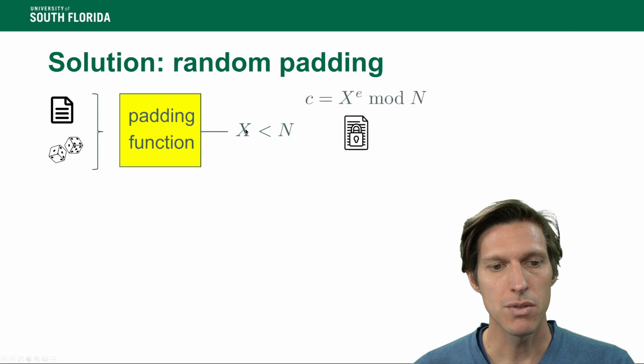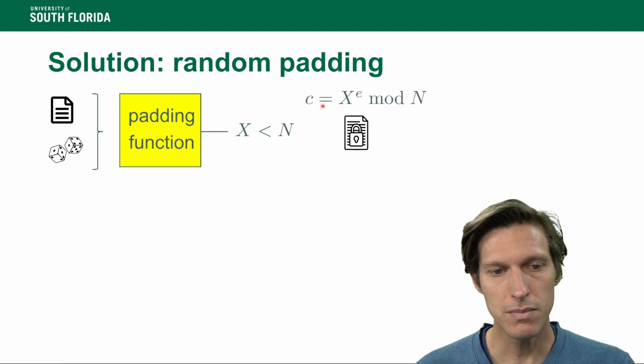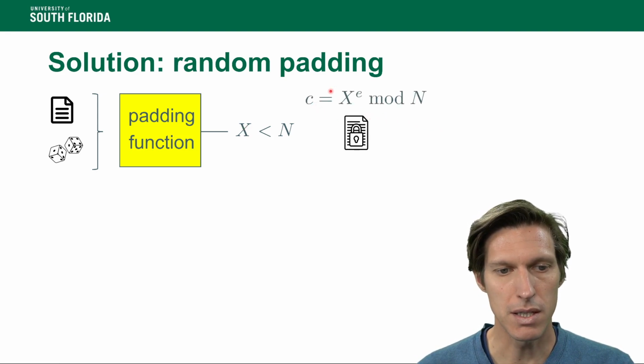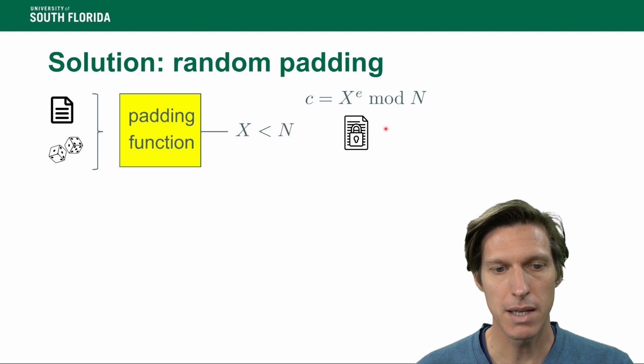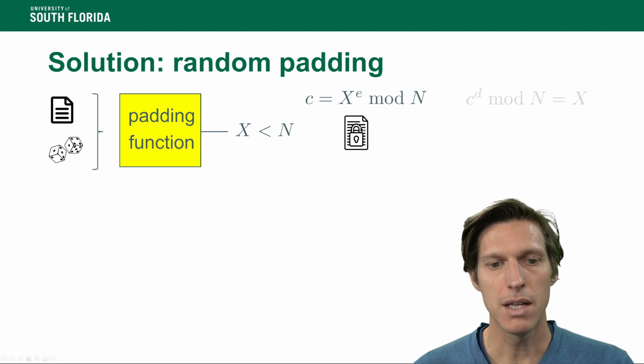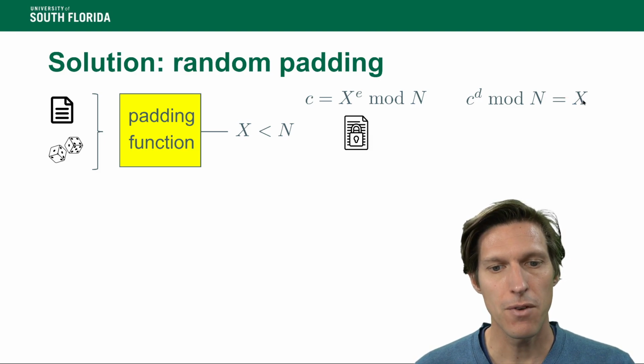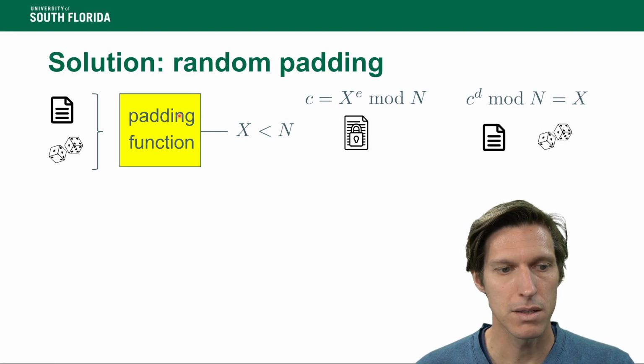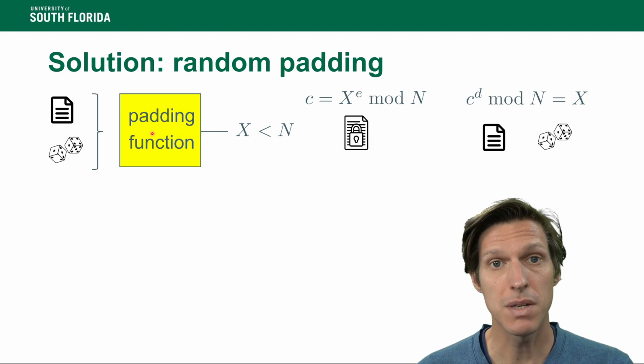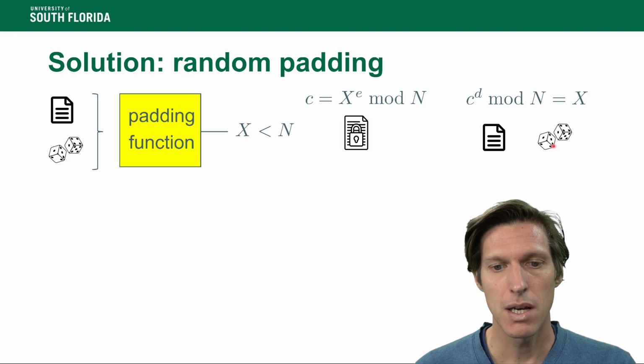Now, the encryption is then raising x to the power e and reducing mod n, and that's your ciphertext. To decrypt, you first raise your ciphertext to the power d to retrieve x, and from x you invert the padding. So this padding function, of course, has to be invertible somehow, so that you retrieve both the message and the random value.